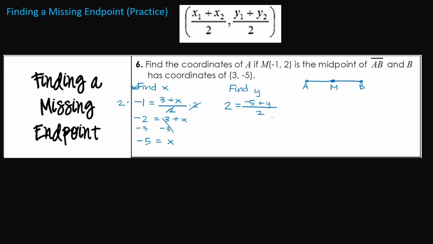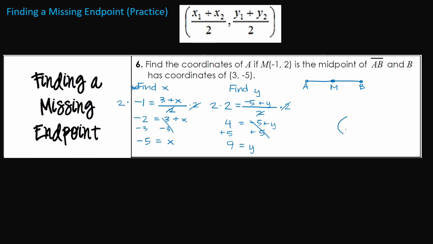Now let's find the y-coordinate. Again, multiplying both sides of the equation by 2, I get 4 is equal to -5 plus y. I'm going to add 5 to both sides, and 9 is the y value.